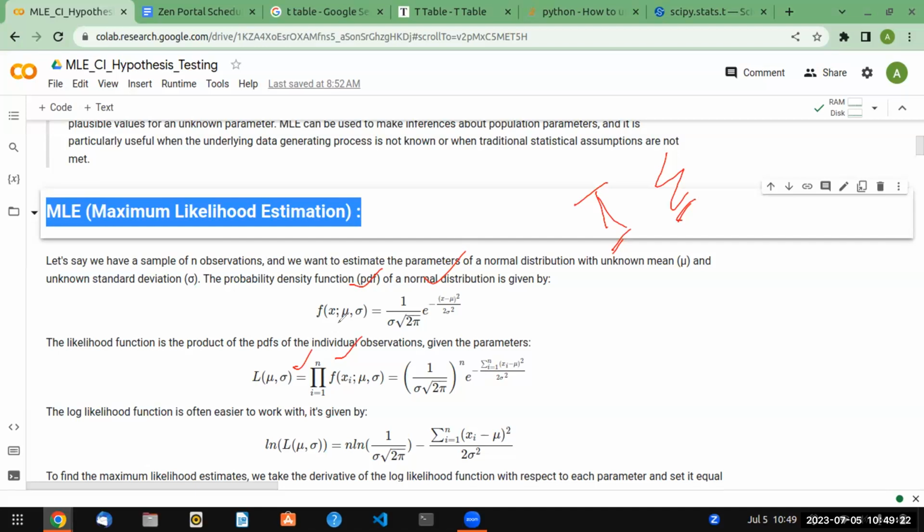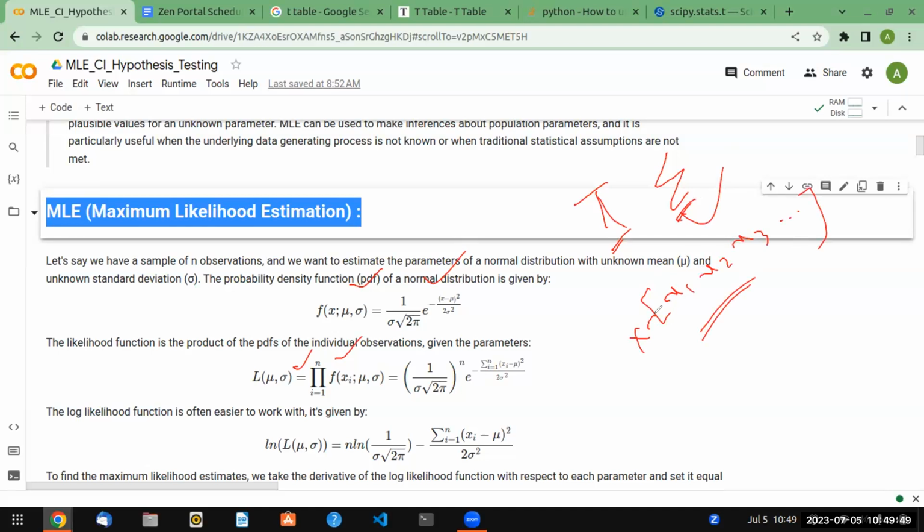And x we know. Guys, do we know x? When I said I have my data, that means I have my x, right? I have x1, x2, x3, right? This is my data.